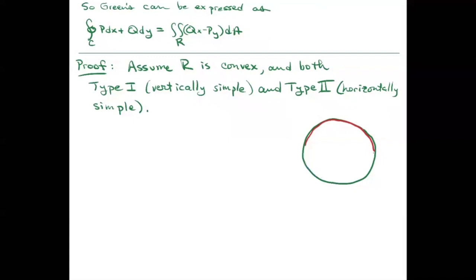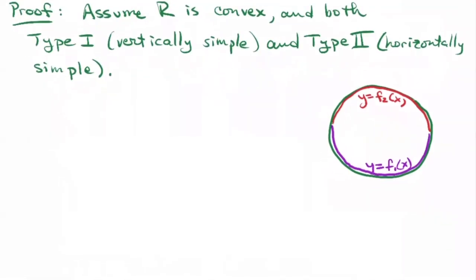I'll try one more time. Okay, so that's pretty good. So on the bottom, I'm going to have y equals f1 of x. And on the top, I'm going to have y equals f2 of x. Okay. I can do that because I know this is vertically simple.